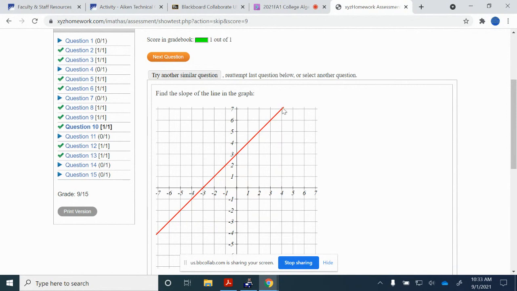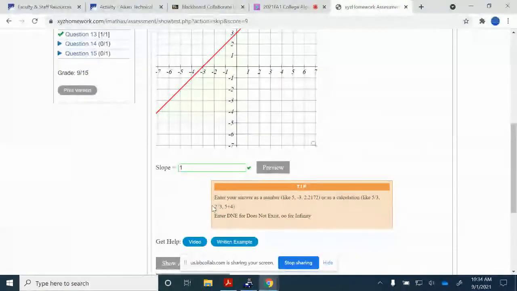This would be my rise: 1, 2, 3, 4, 5, 6, 7, 8, 9, 10, 11. So my rise would be 11. Now I'm going to count the distance from here to here: 1, 2, 3, 4, 5, 6, 7, 8, 9, 10, 11. My run is 11, my rise is 11. If I put 11 over 11, I get 1.